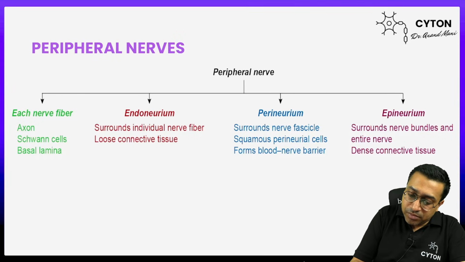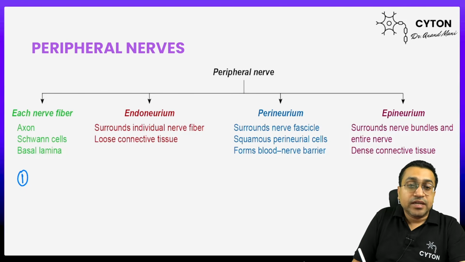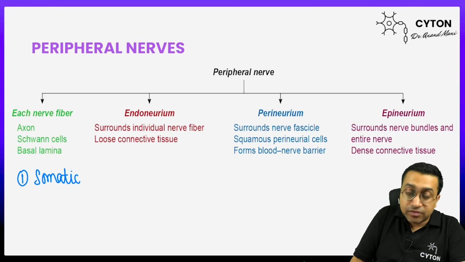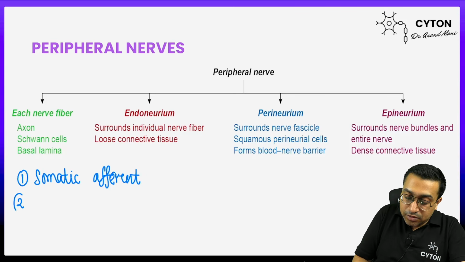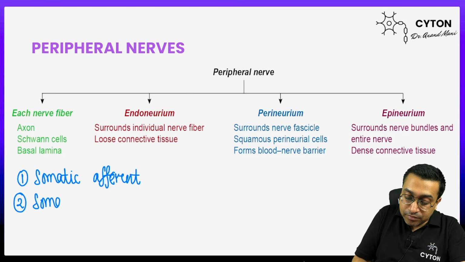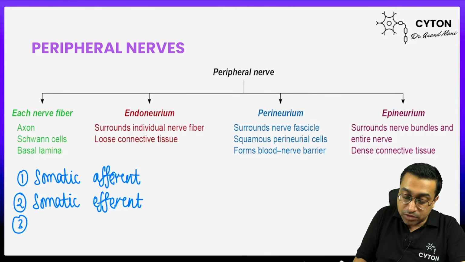Okay, this maybe I can write it here so that you remember. Number 1, that is the somatic afferent. Afferent means the sensory. Okay, somatic afferent. Number 2, we have the somatic efferent. You will read this same concept in head and neck when we will discuss the cranial nerve function columns.